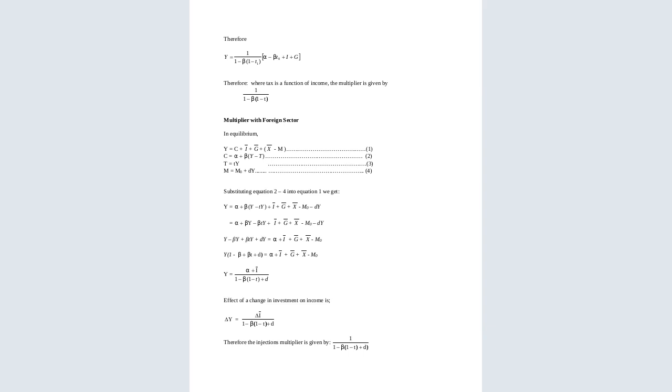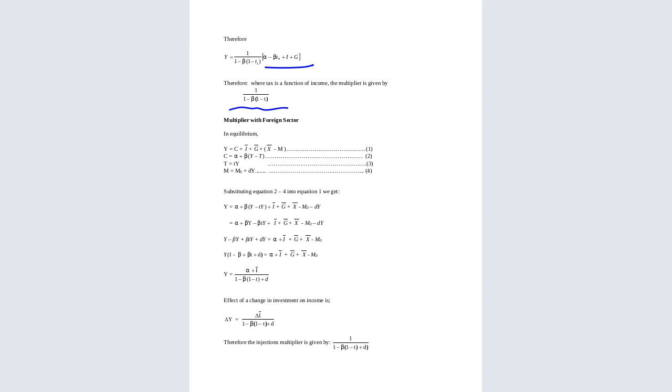And now our multiplier is given as 1 over 1 minus beta into brackets 1 minus t1, multiplied by this component. Now our new tax multiplier would be given by 1 over 1 minus beta into 1 minus t.